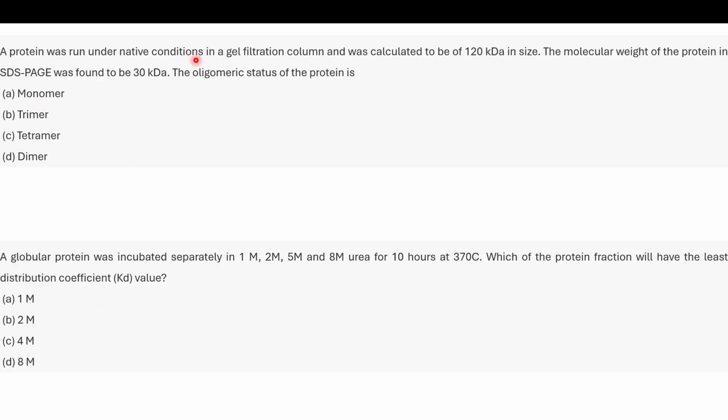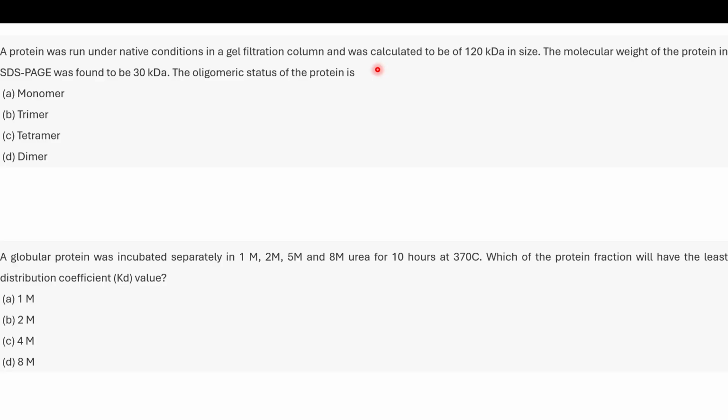Now a protein was run under native conditions in a gel filtration column and was calculated to be 120 kDa in size. But the molecular weight of the same protein in SDS-PAGE was found to be 30 kDa. So what is the oligomeric status of the protein? SDS-PAGE is a denaturing electrophoresis type where the molecular weight of the protein is 30 kDa.